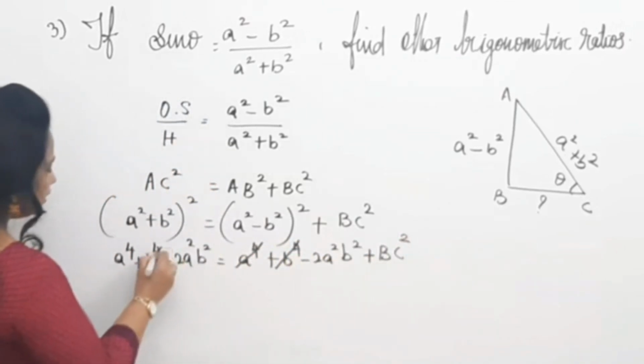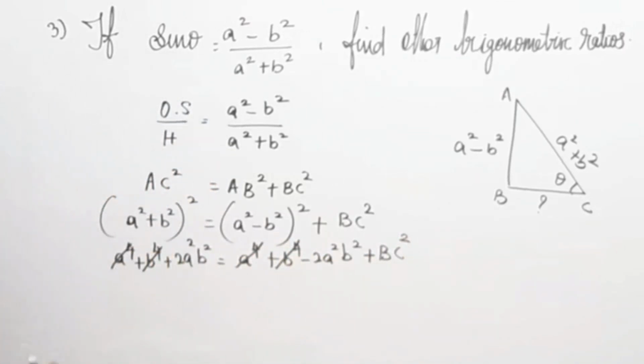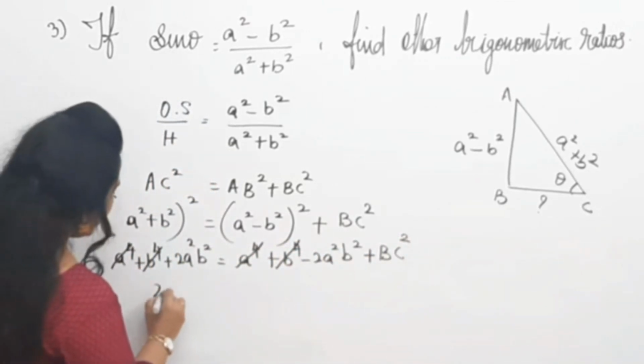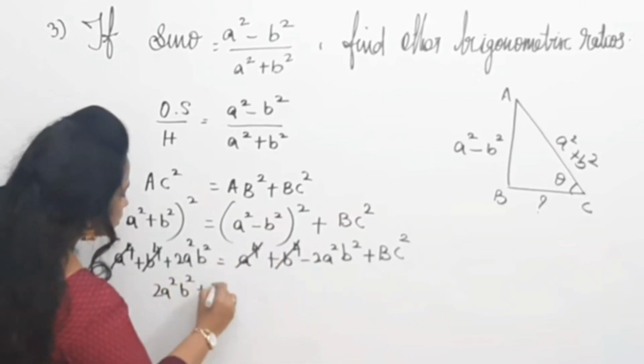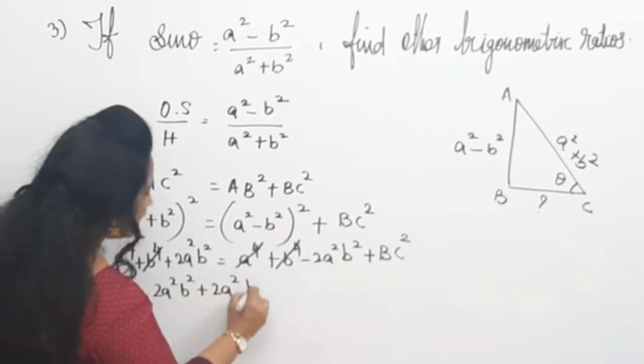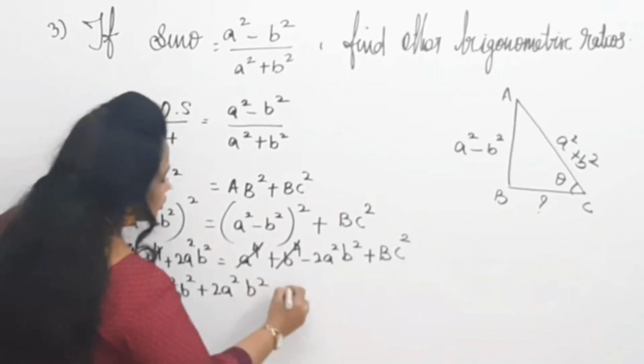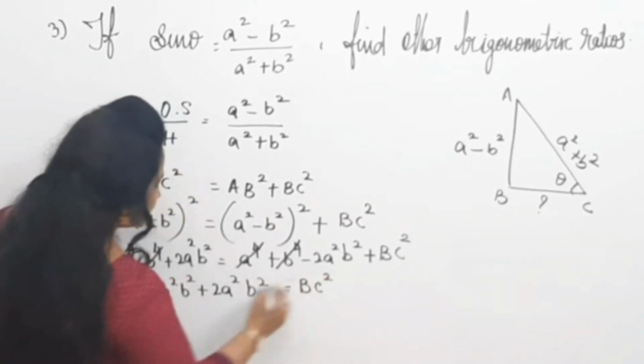Now we cancel a power 4 and b power 4, and I bring 2a square b square. This minus comes here, it becomes plus 2a square b square, which is equal to BC square.